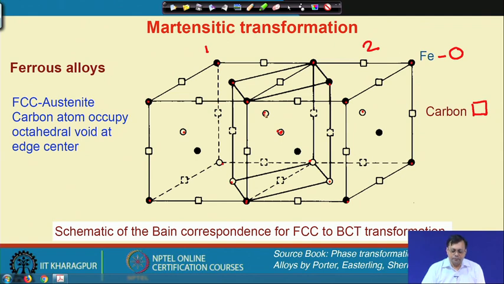Now, carbon atoms here are located at the center of the edges. So, these are the edges of an FCC unit cell and carbon atoms are located here. You can have a look in both the lattices.